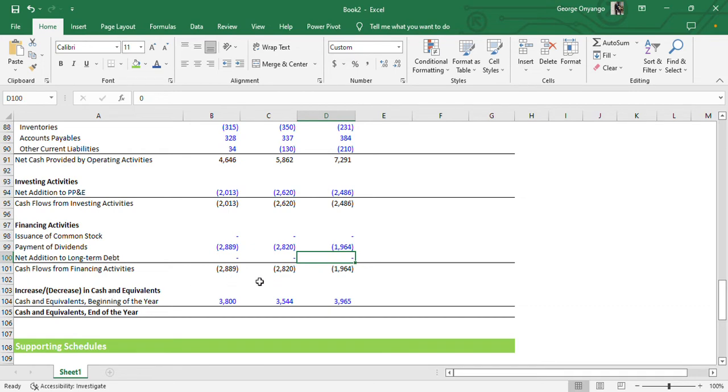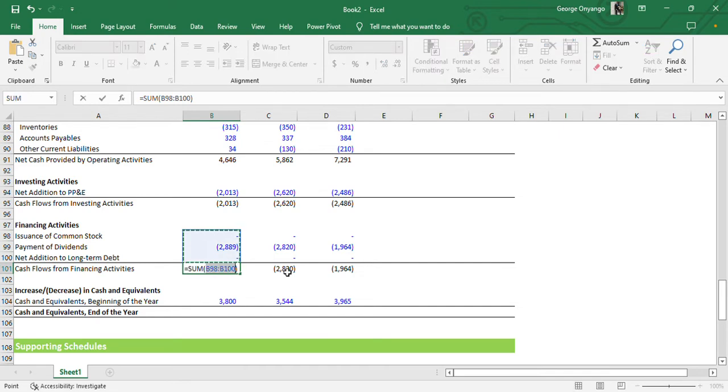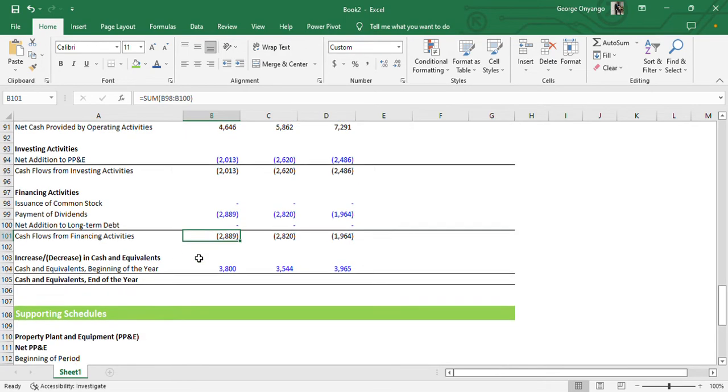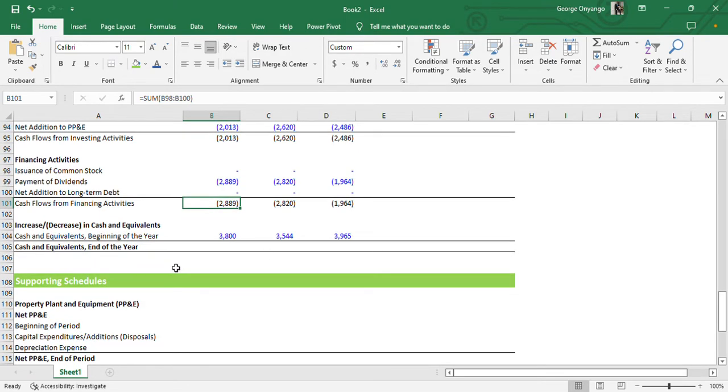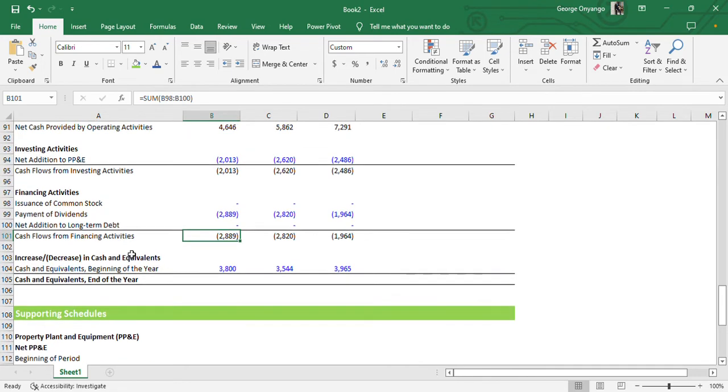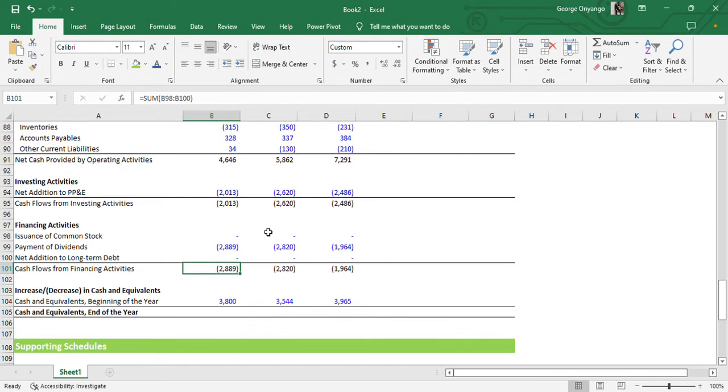So it means that the cash flow from financing activity is just going to be the sum of these three. So we just get that. We fill that right, which is already there. Then we also have the increase or decrease in cash equivalents. So what we are going to do is see if there was a decrease from the cash flow from operating activity, investing activity and financing activity.